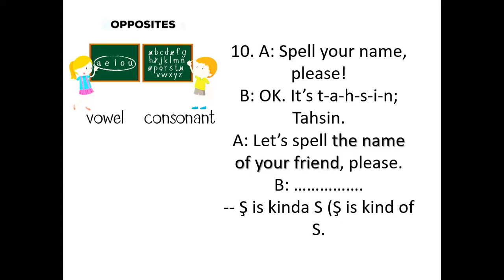You can say sh is kind of S in English, because there isn't sh in English as a letter, of course. But in phonetics, there is sh, for example, she, with SH.